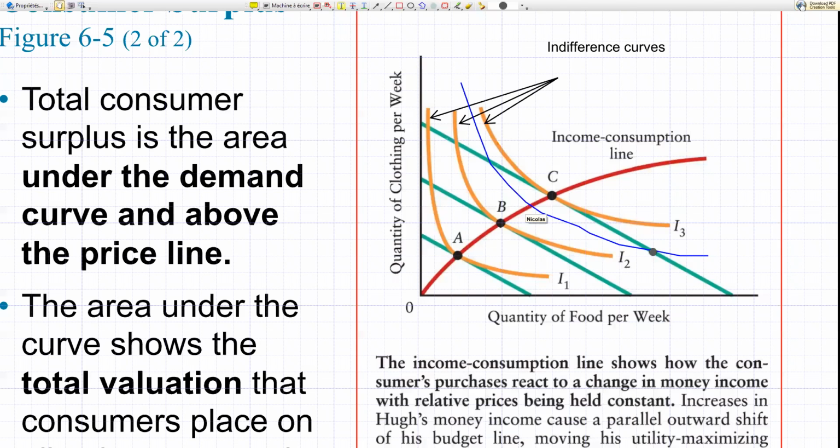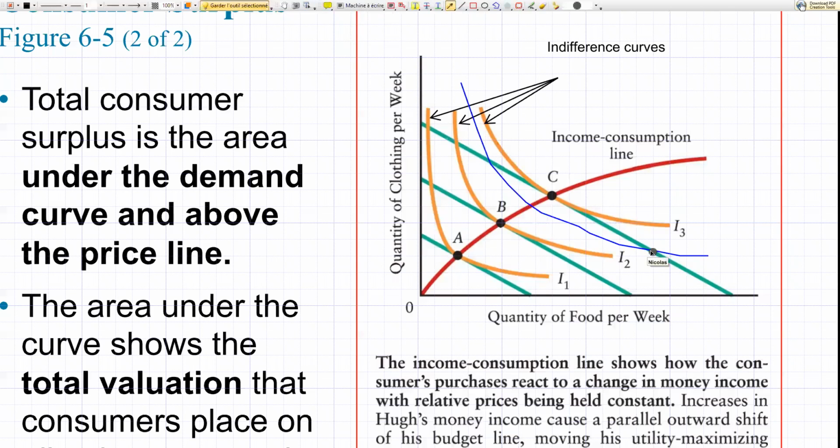You would be better off on point C, if the graph passes through C, because you would be more happy with that combination of the two goods. Yes, exactly. So this is exactly the point.